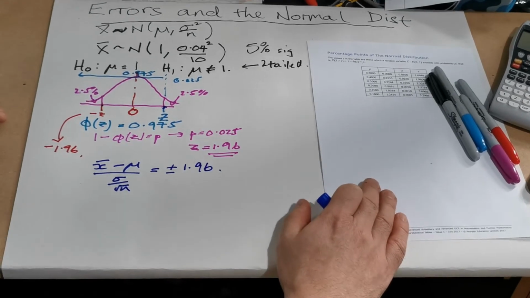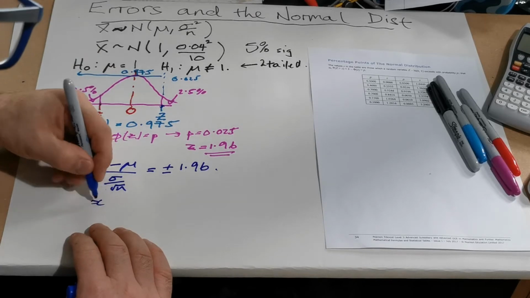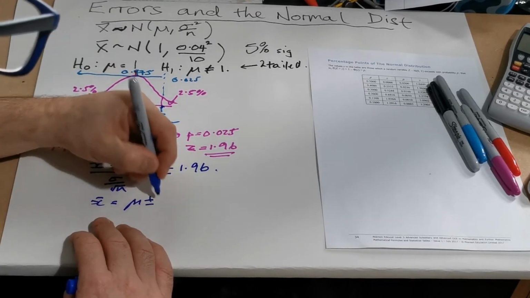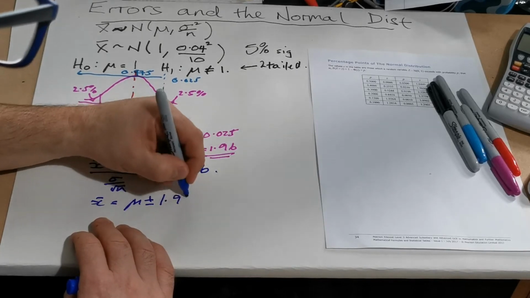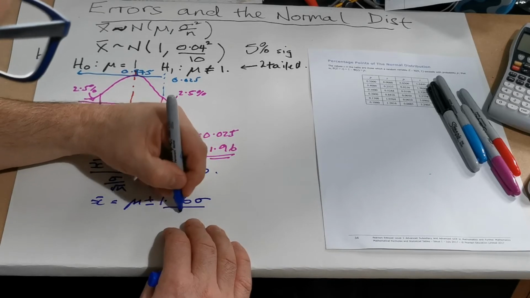If I rearrange that, I get x bar is equal to mu plus or minus 1.96 sigma over root 10.